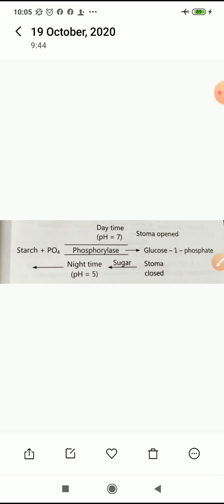This starch is osmotically inactive and is insoluble in water. Therefore, the osmotic pressure of the guard cells decreases. As a result, water diffuses out from the guard cell into the neighboring mesophyll cells, and thus the turgor pressure of the guard cell decreases.